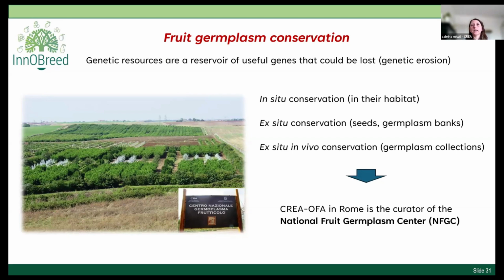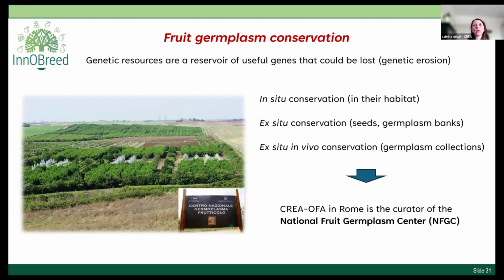Conservation can be done in situ, in their habitat, or ex situ, like in seeds in germplasm banks. And we can also conserve in fruit tree species. We conserve through ex situ in vivo, planting and growing the plants in the field, like in a germplasm collection.